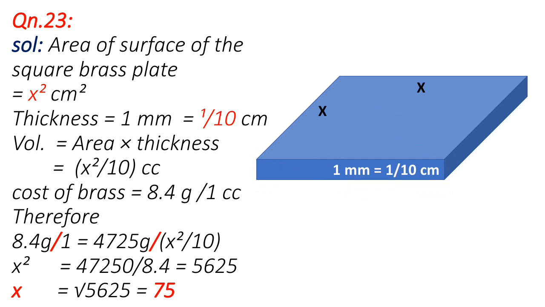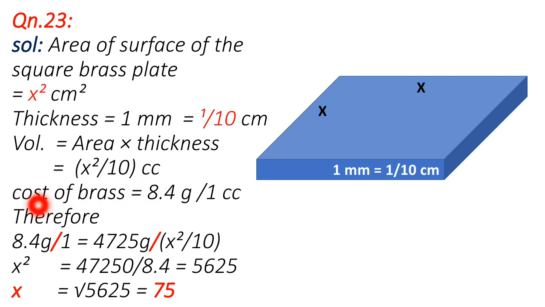So the volume is equal to area into thickness. Here the area is x square and the thickness is 1 by 10, so multiplied, we have x square by 10 cubic centimeter, cc, correct.